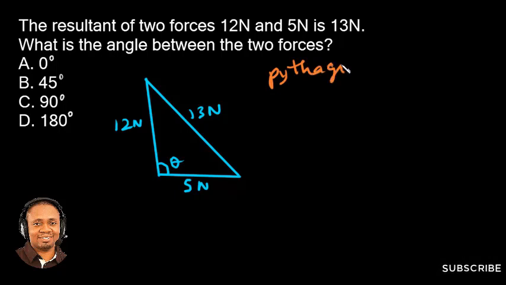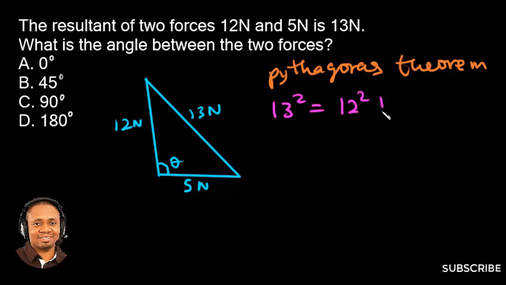Pythagoras theorem. Remember what this theorem said. This theorem said that the square of the hypotenuse, in this case which is 13, is equal to the addition of the squares of the two other sides of the triangle, which is what we have here.